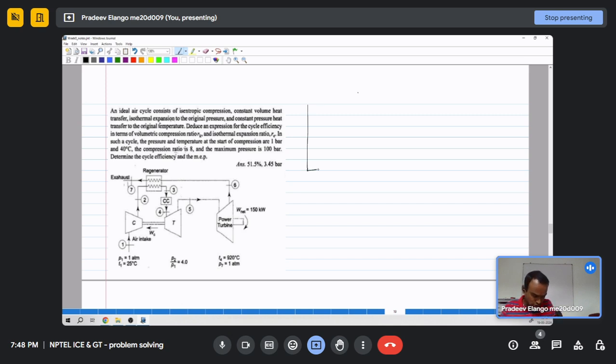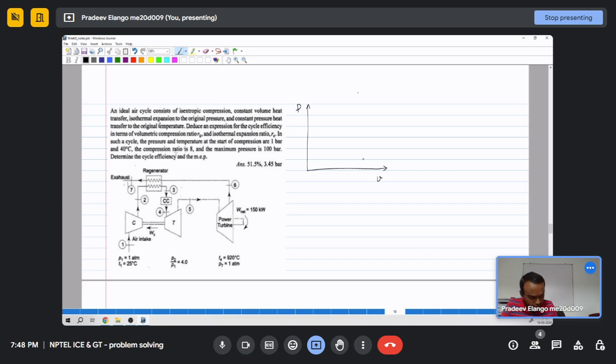So to draw it in a PV diagram, first it is compressed isentropically.